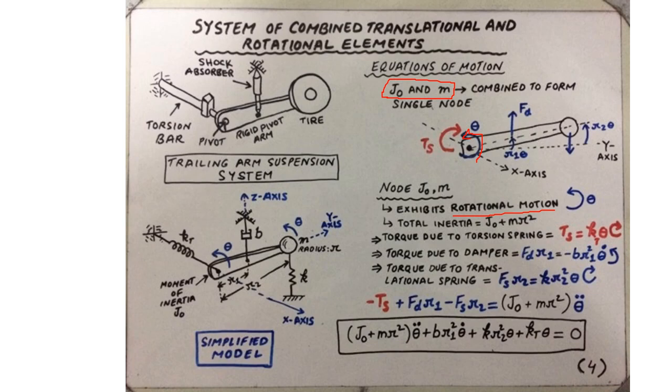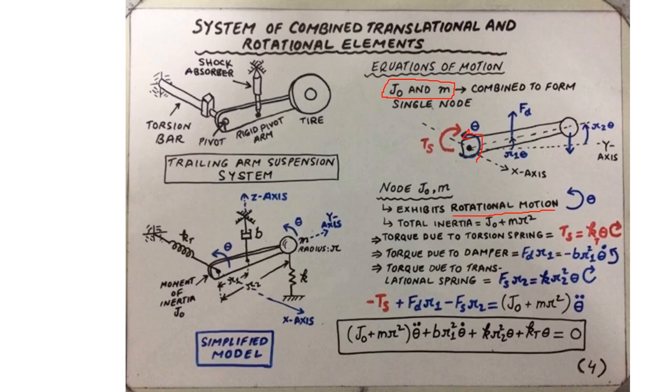Although this node, that is the combined discrete inertia, rigid pivot arm, and the mass, experiences loading in the form of torques as well as in the form of forces applied by the rotational elements and the translational elements respectively.